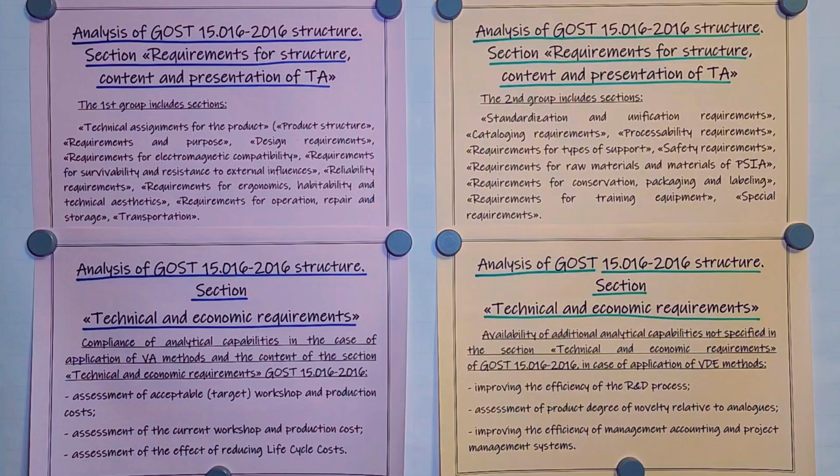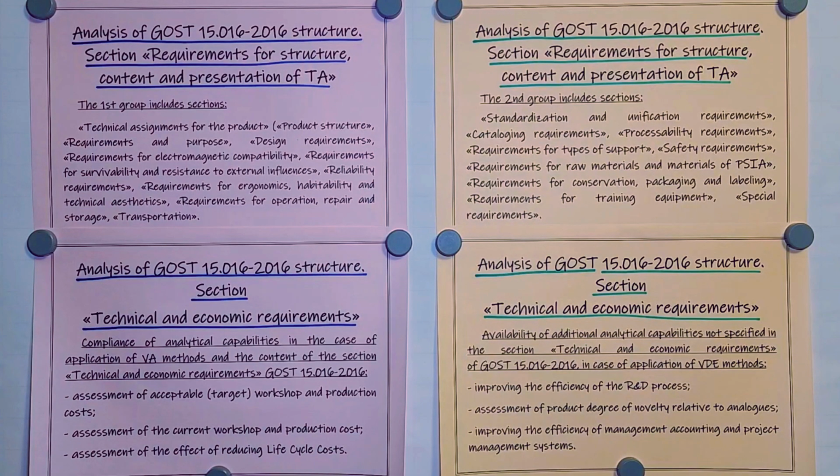The results of comparing the list of possibilities of the value design engineering methods and the list of requirements given in the Technical and Economic Requirements section confirm the positioning of value design engineering as output data reports indicated above, not as a full-fledged replacement of the technical assignment in text form, but as an addition to the technical assignment, allowing us to compensate for its shortcomings at the early stages of the project, characterized by a small volume of initial data for technical and economic analysis.